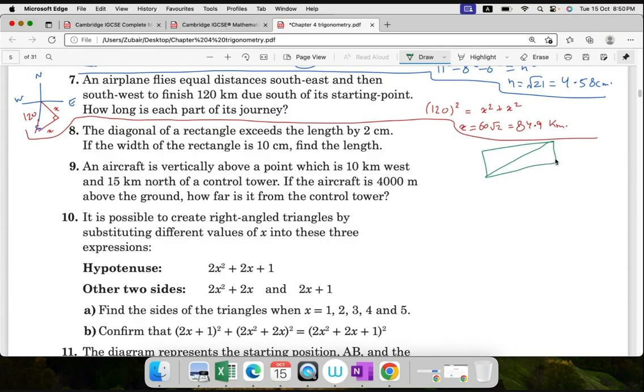Can you tell me what values you are using? Width of the rectangle is 10 centimeters. And the diagonal of the rectangle exceeds the length by 2. So if the length is x, this should be x plus 2. Are you using these three sides? Yes, sir. Hypotenuse on one side and other two sides on the other side.